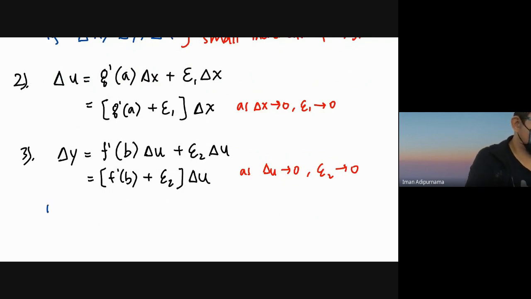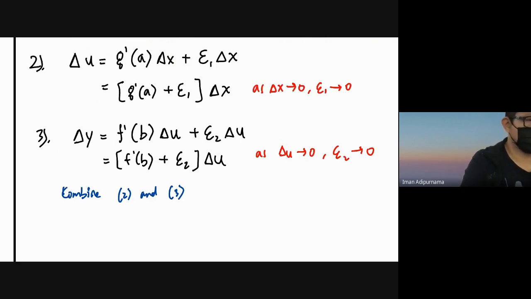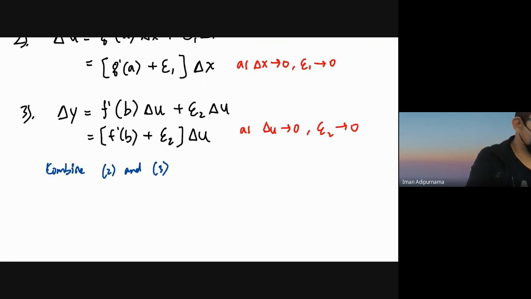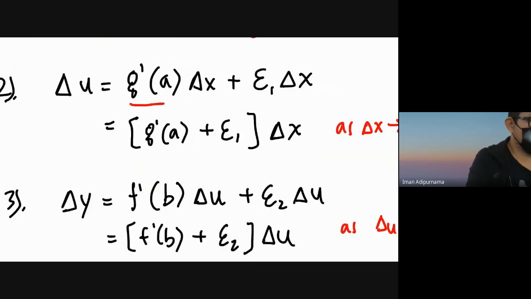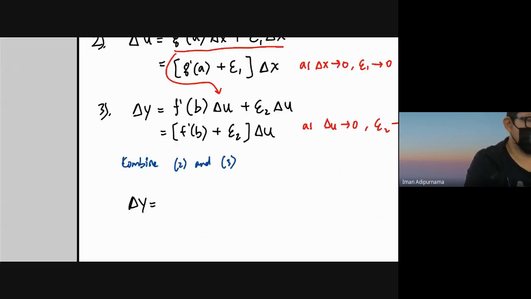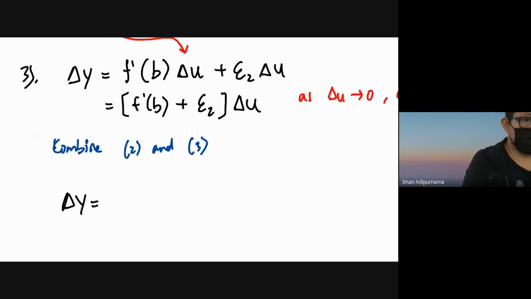Now let's combine equation 2 and 3. So delta y will be, we are going to use the whole delta u here and put it here, and combine.